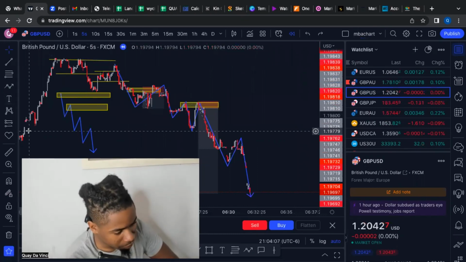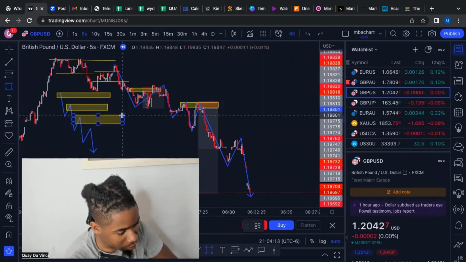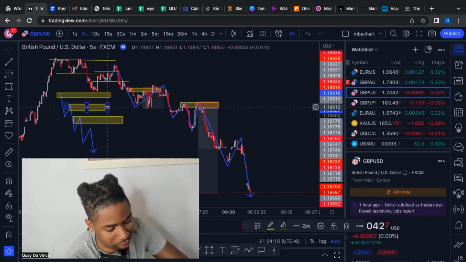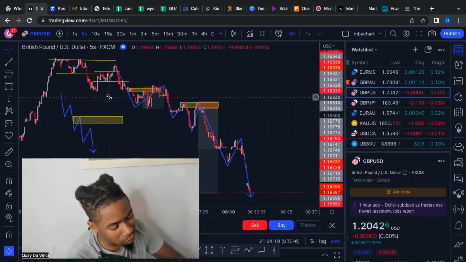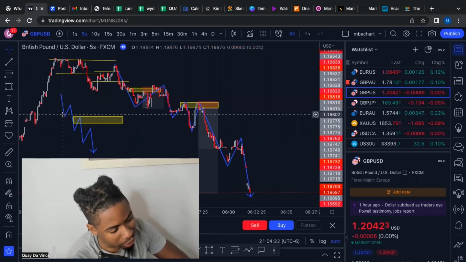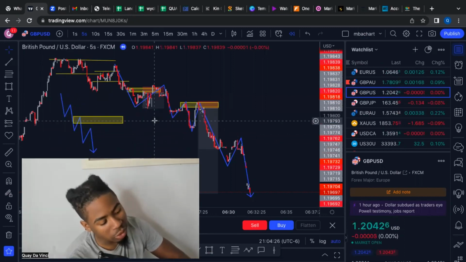Now, if price breaks structure a third time, now I only have one trade setup. The reason why is because one low has been liquidated, two lows have been liquidated, three lows have been liquidated.